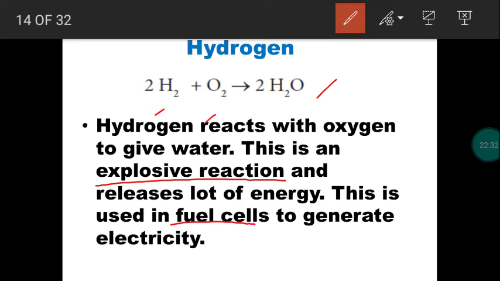It means we are going to use fuel in the cells, and the hydrogen will act as the fuel, right? So when hydrogen and oxygen combine within the cell, it produces water with a large amount of heat energy. Now heat energy can be converted into electrical energy. So this is called a fuel cell, right? Like a battery, we have a fuel cell to produce electricity, right?